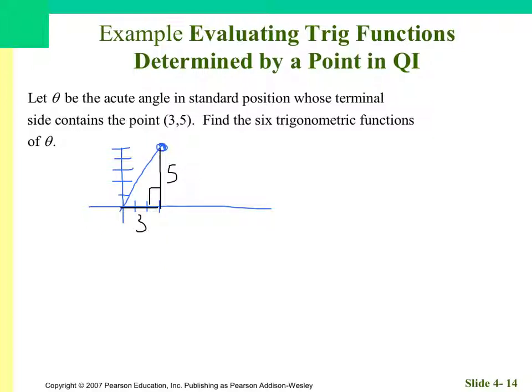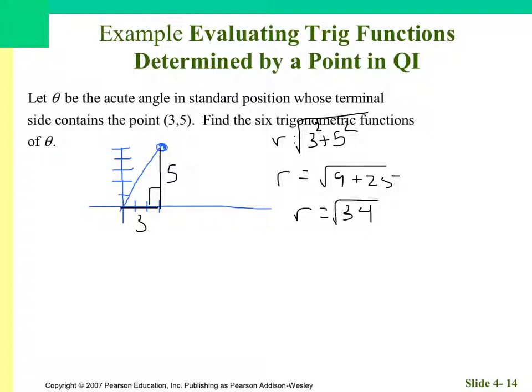See how that's a right triangle? So r equals 3 squared plus 5 squared, square rooted. 9 plus 25. So r is the square root of 34.